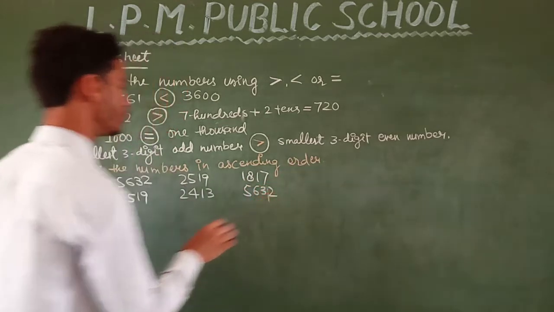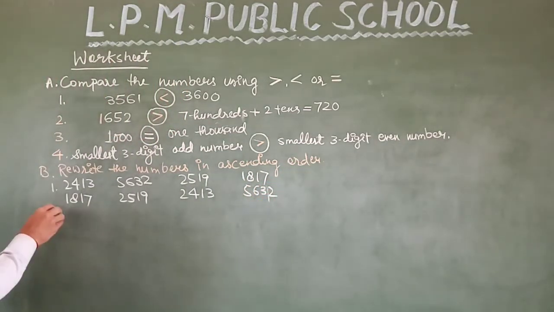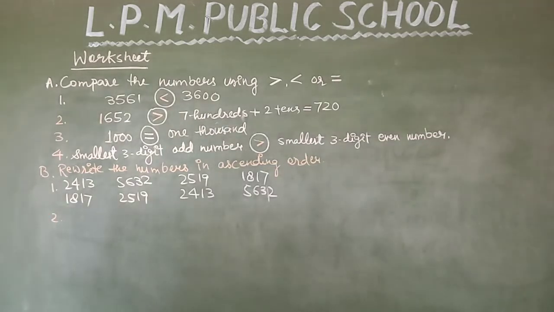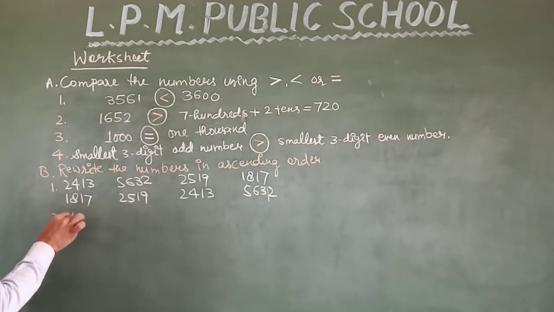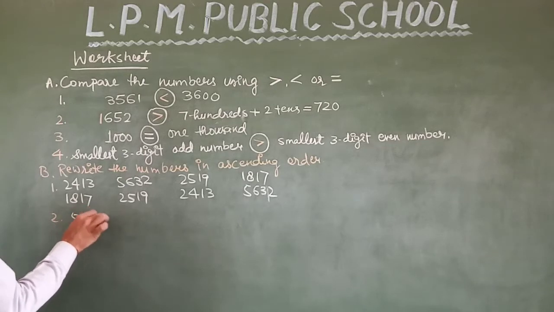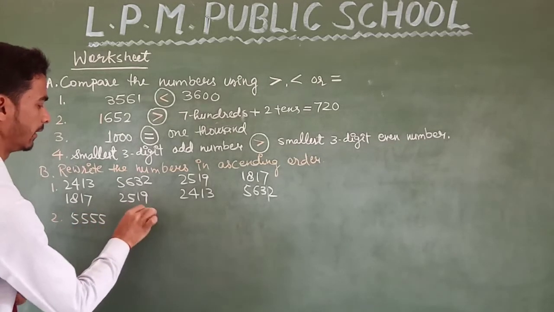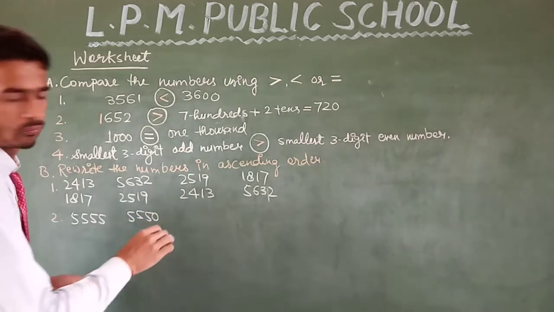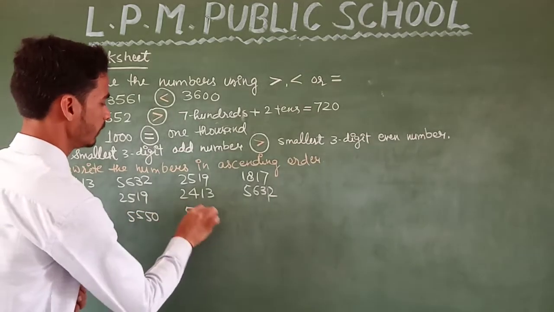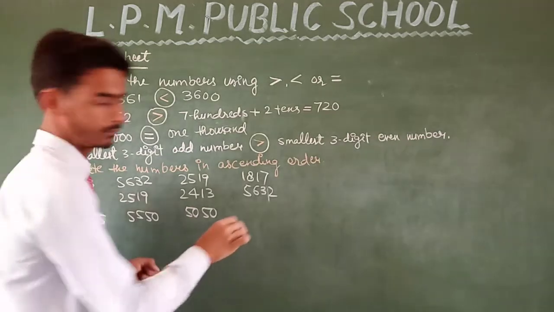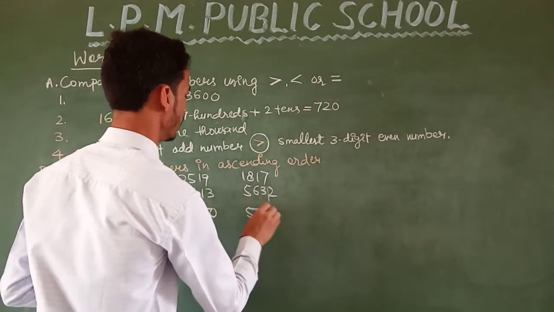Okay, and the next question, question number second, we have to write 5555, 5550, 5050 and 5005. Which one is smaller of all?